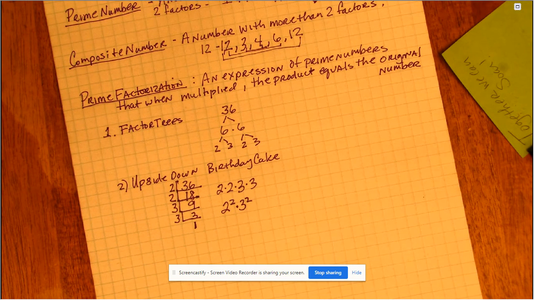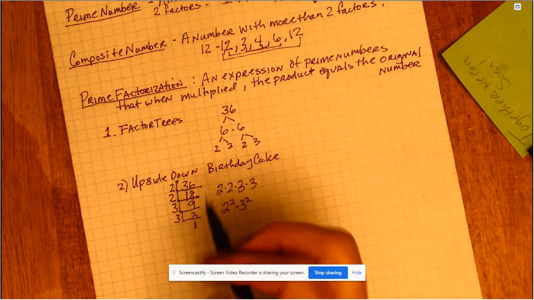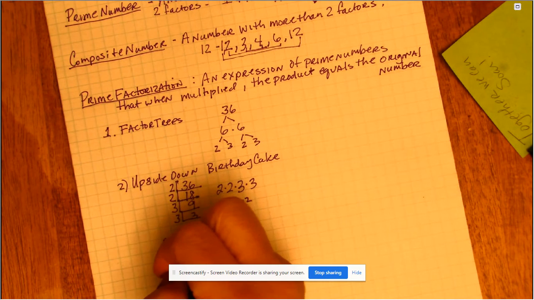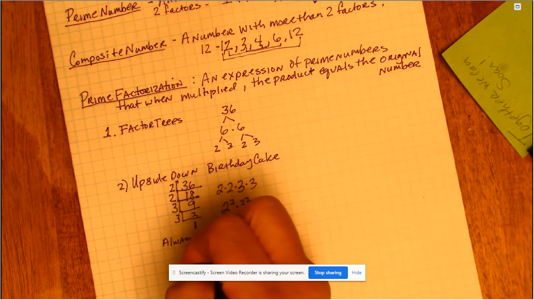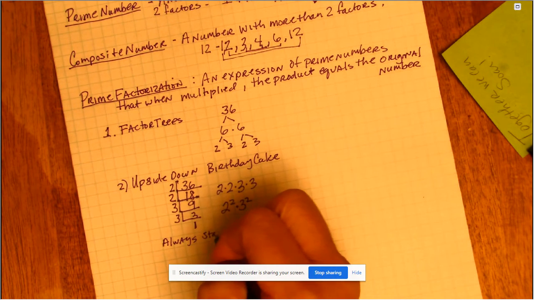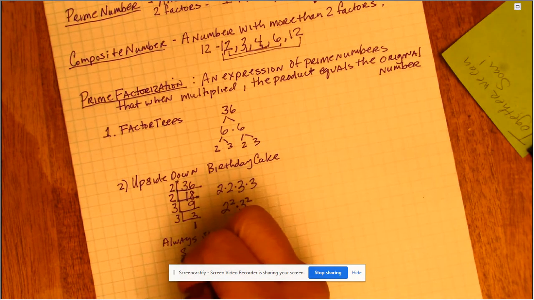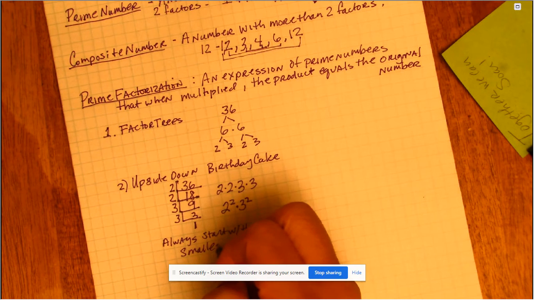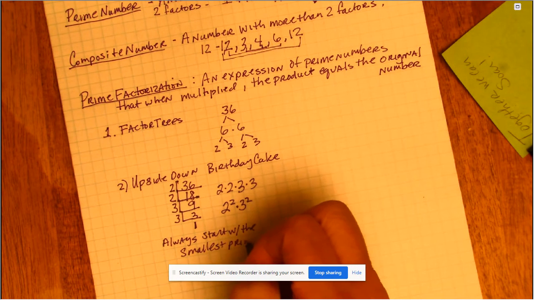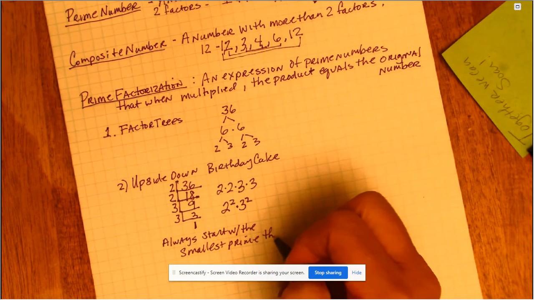Well, we need to definitely be able to look at and know what are the prime numbers, because the rules say always start with the smallest prime that goes into the number.